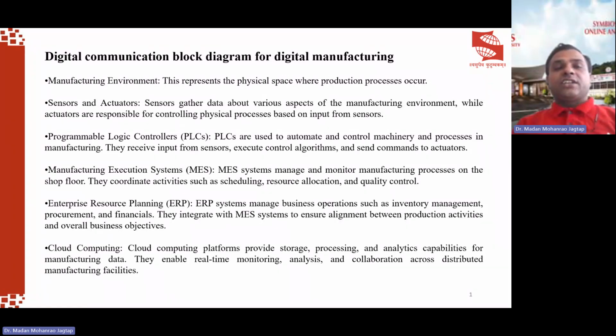After that there is cloud computing in our digital communication block diagram. A cloud computing platform provides storage, processing and analytics capabilities for the manufacturing data.